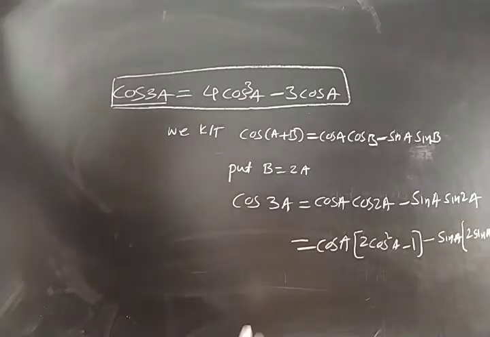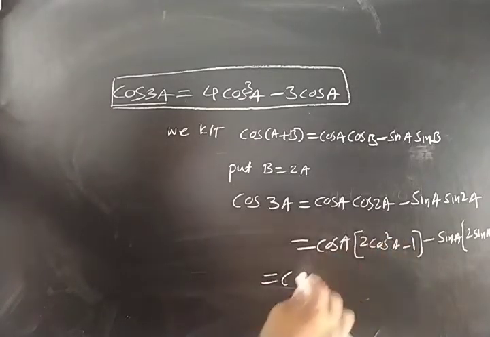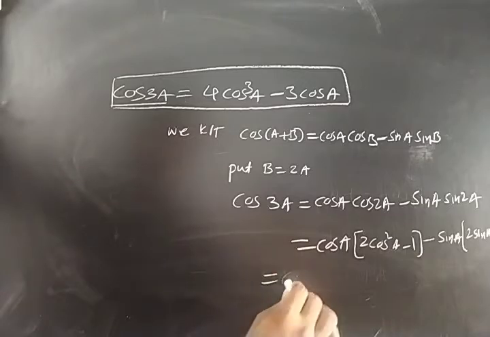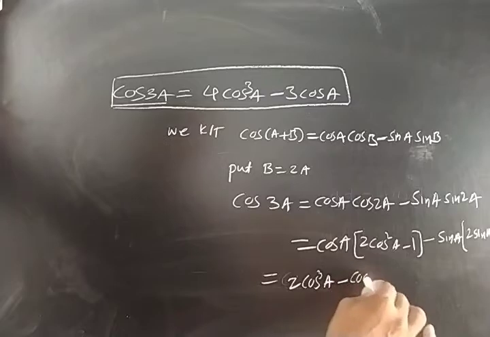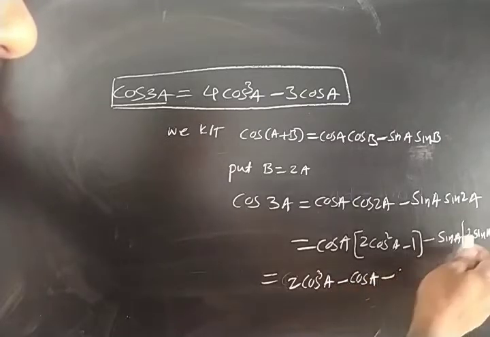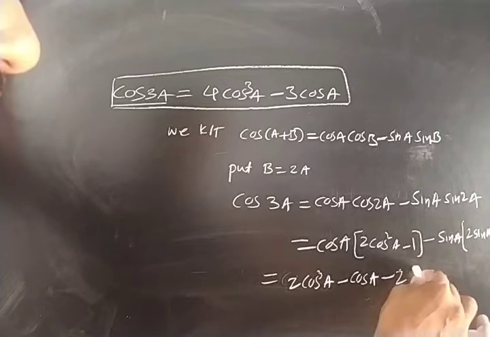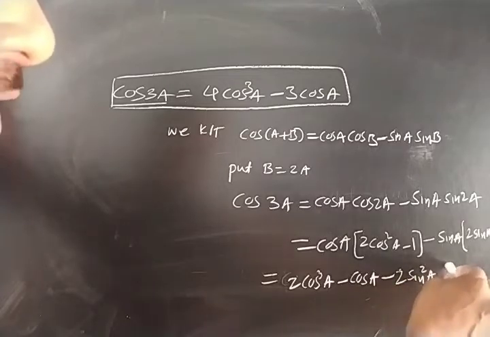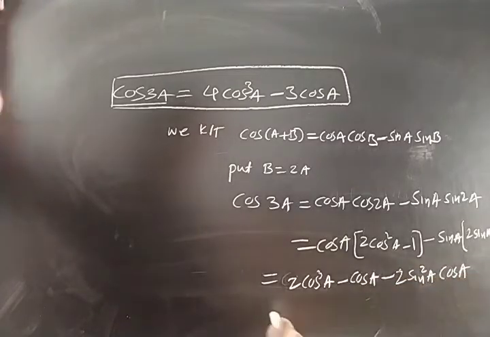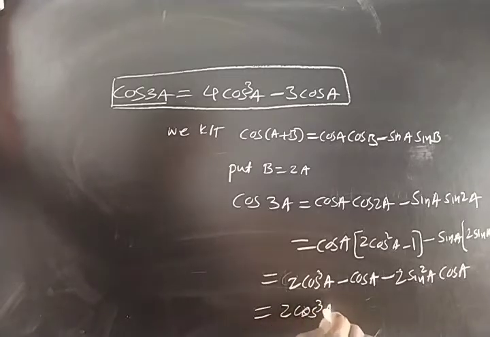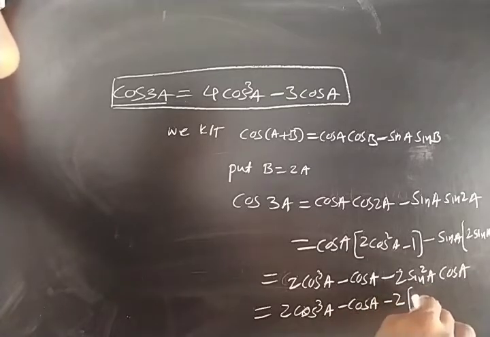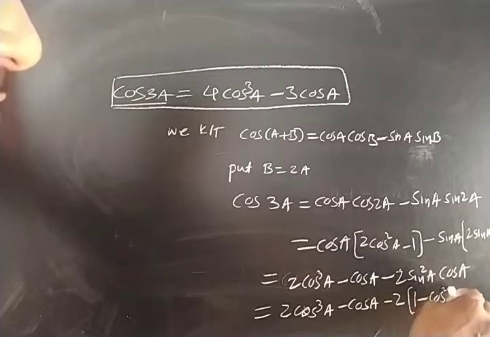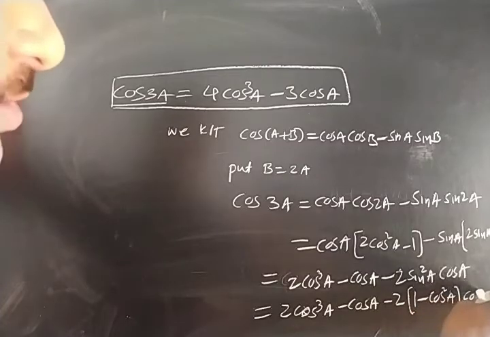So by multiplying this cos a into 2 cos square a minus 1 we get 2 cos cube a minus cos a. Here minus sin a into 2 sin a cos a will become 2 sin square a into cos a. So 2 cos cube a minus cos a minus 2 into, in place of sin square a, I will write 1 minus cos square a by the identity, into cos a.